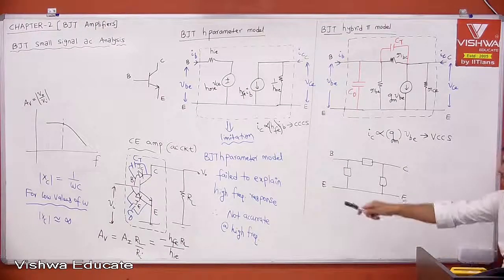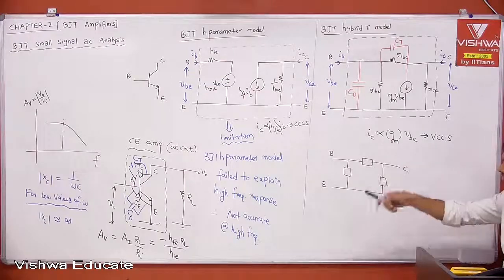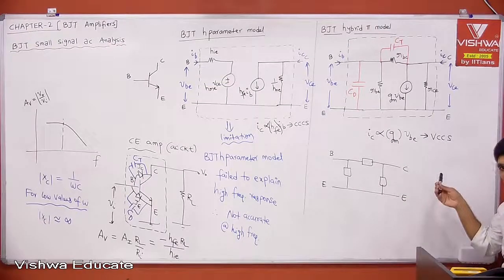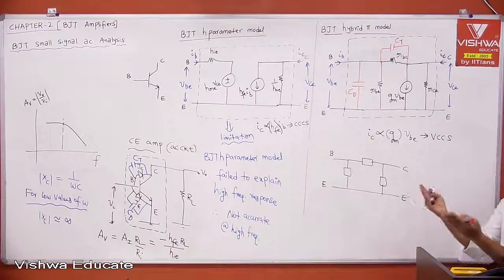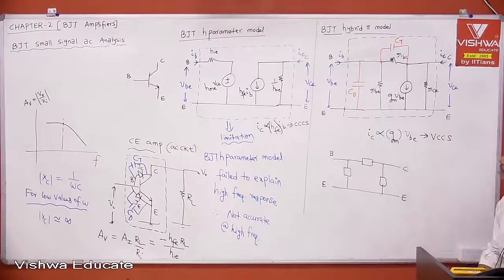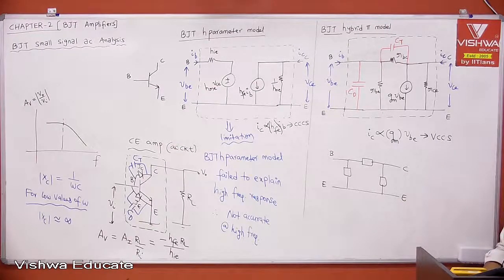Then we need to correlate the relation between H parameters and GM. Once you know GM in terms of H parameters, if GM is given, yes, we can calculate voltage gain. Therefore, we should know the relation between the H parameter model and the hybrid pi model. If you know that, problems are over. That is what I'll explain: the relation between GM and the H parameter models.